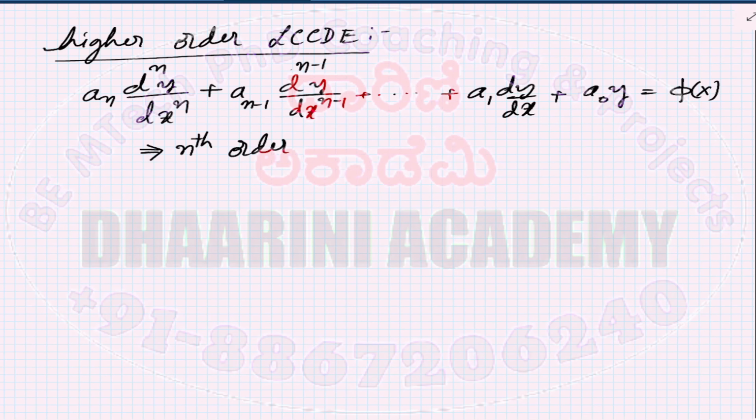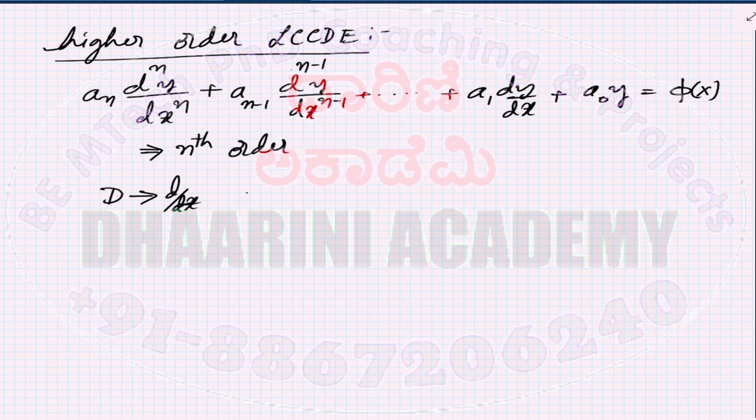If you have something like this, we will call these kinds of equations linear constant coefficient differential equation of nth order. N should be greater than 2. Now if you recall yesterday's steps, we substituted D as d by dx.